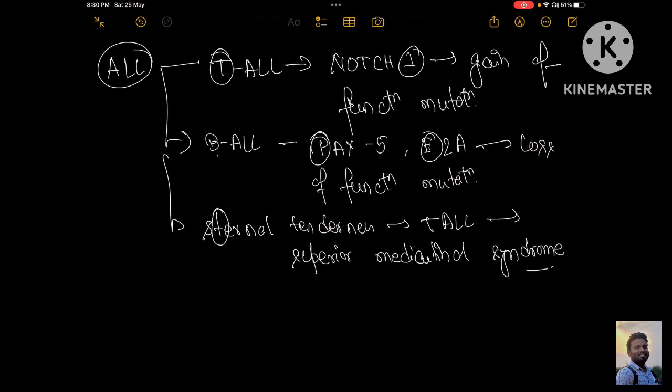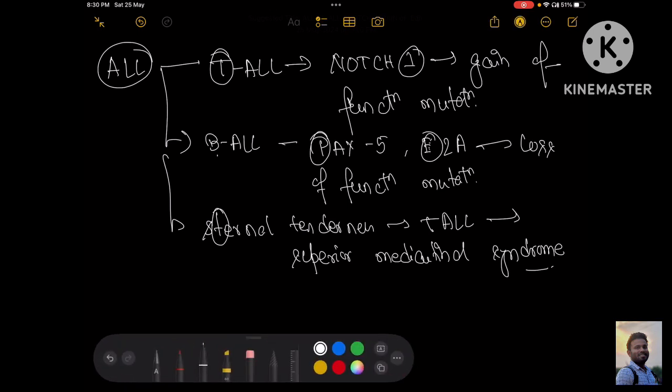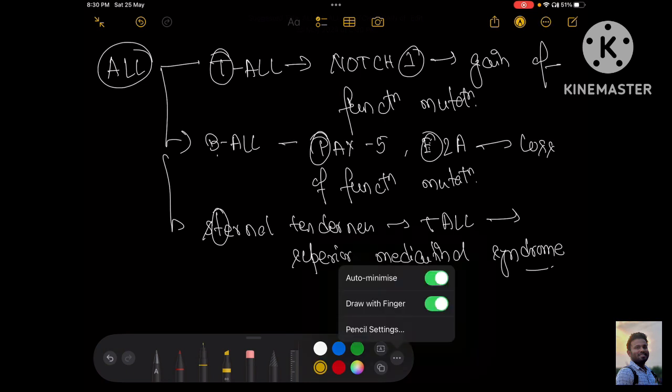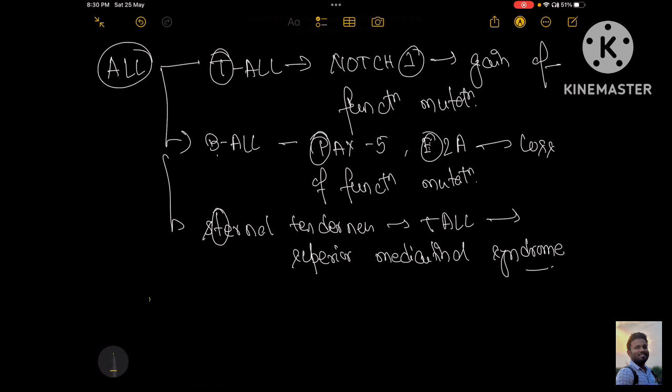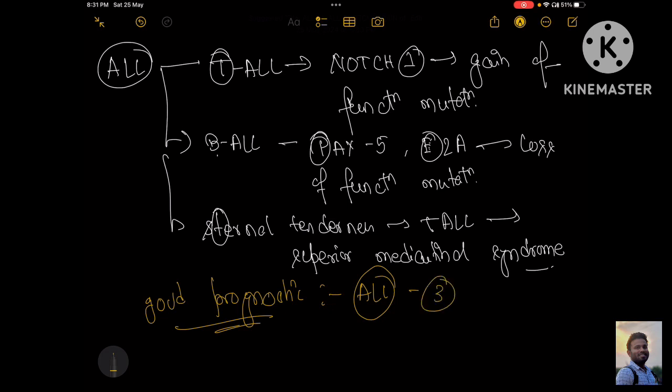Next, what are the good prognostic factors or bad prognostic factors in case of ALL? Good prognostic factors: ALL has three letters, so the good prognostic factor is the gene translocation T(12;21), there are three letters.